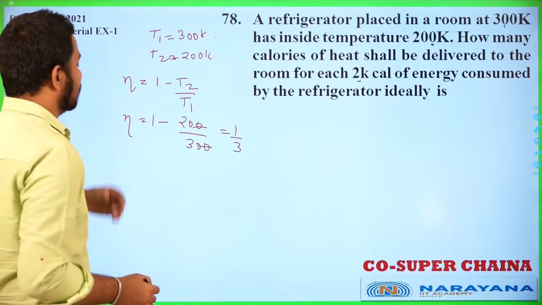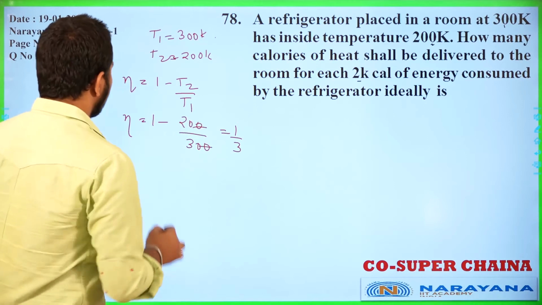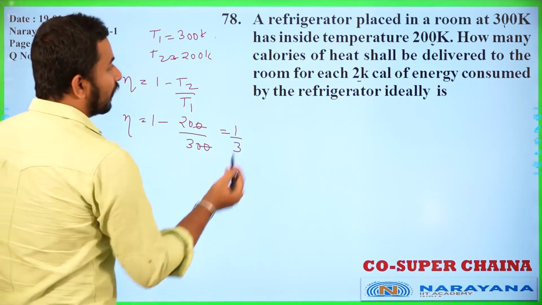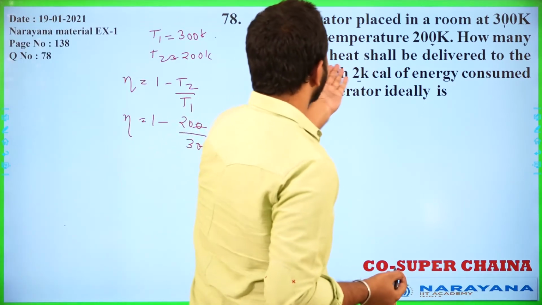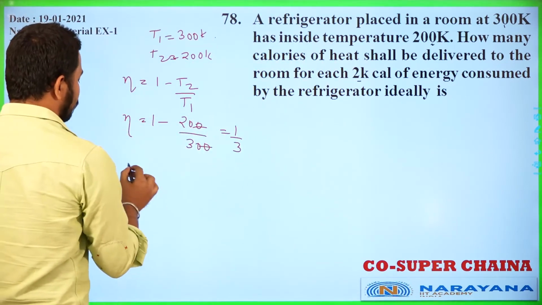Now this efficiency you can equate with the values here. What we have to calculate is how many calories of heat shall be delivered, and this is the energy consumed.